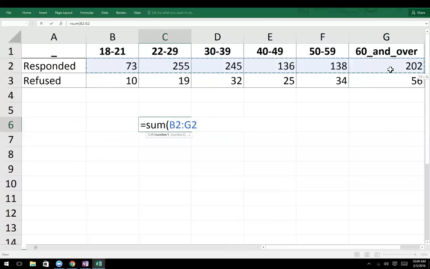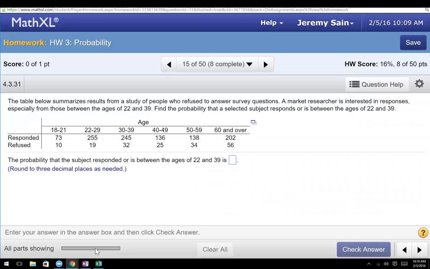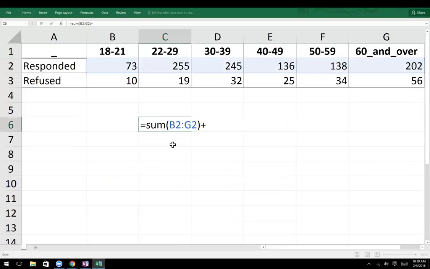That's one group we want. We also want all the people who are between 22 and 39. So we also want the sum of those two. Okay, so that's everybody who either responded or is between 22 and 39.